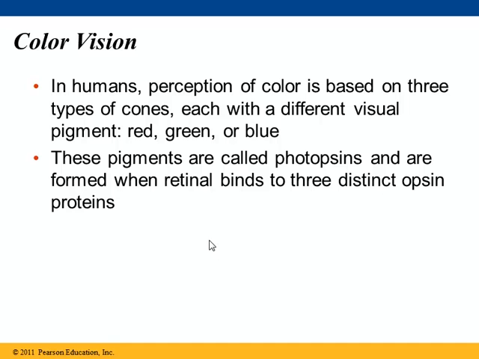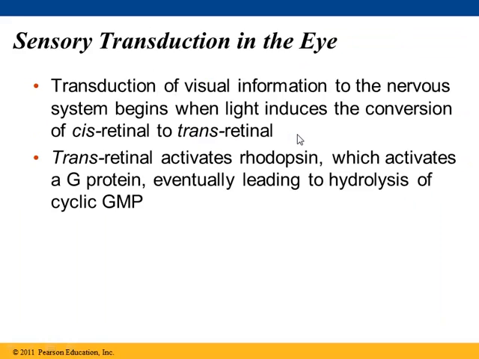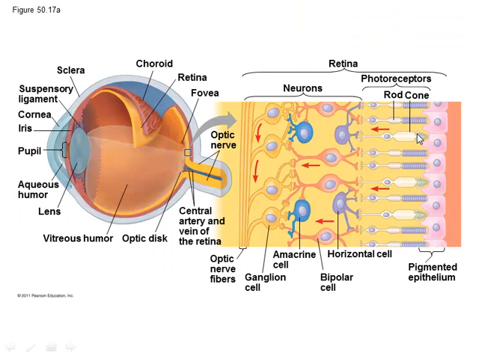Well, instead of rhodopsin, in your cones you have photopsin, which instead of just binding light or not light, will go for a specific color of light: red, green, or blue. Coming back to your retina, instead of telling you how bright it is, they tell you what the wavelength of light was that struck your eye. So the rods say, it's bright. The cones say, it's yellow. They don't really say it's bright, they just say it's yellow. Your rods say it's bright, and so your brain says, I'm looking at bright yellow.